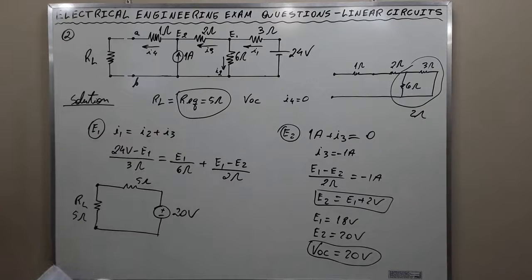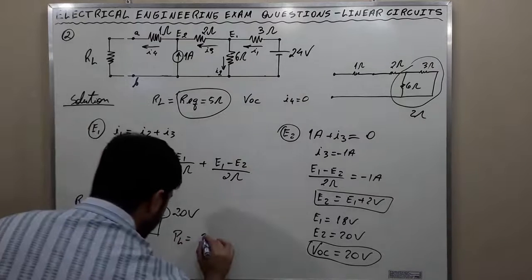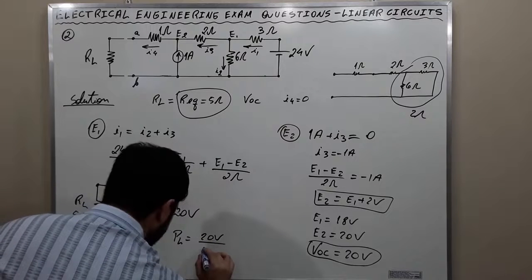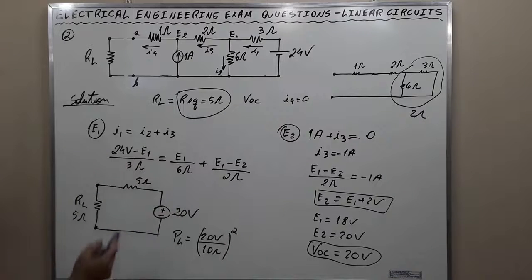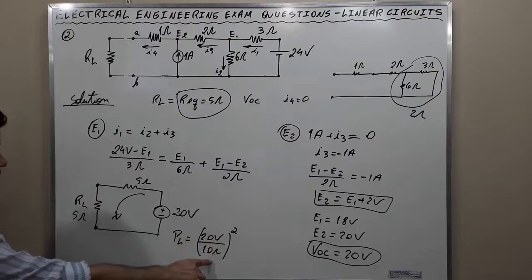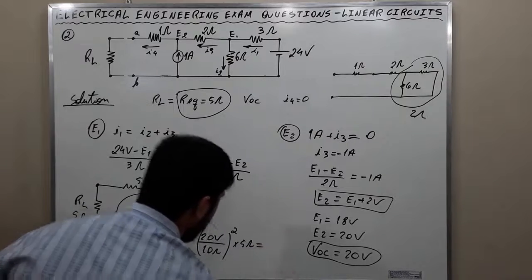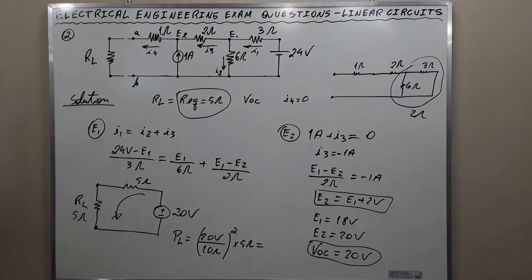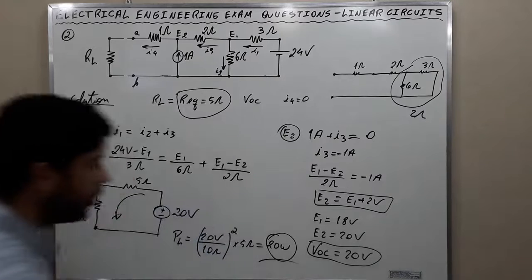And the maximum power delivered to the load is going to be 20 volts divided by 10 ohms squared. Okay? The current here is 20 volts divided by 10 ohms. And to calculate the power, we have to square it times the resistance. And this is going to be equal to 20 watts. Okay?